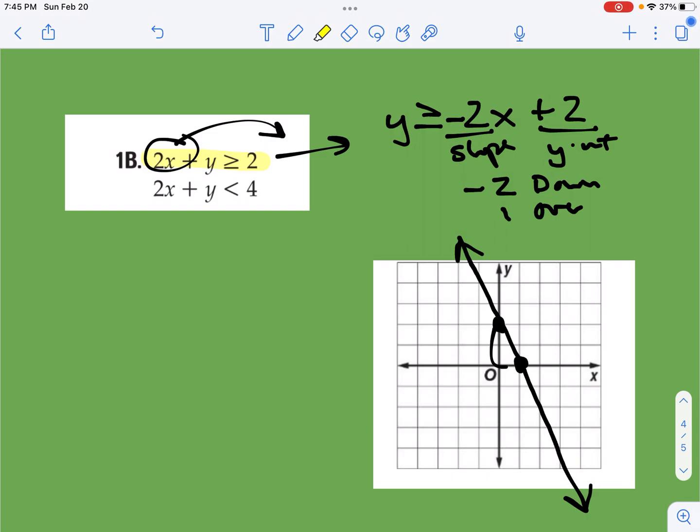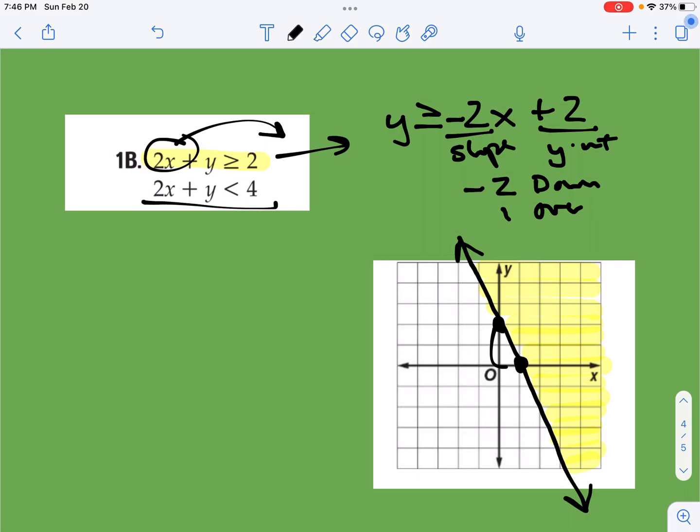That is absolutely false, so we are not going to shade the side that has 0, 0. Instead, we're going to shade the opposite side. If it makes the statement false, you shade the other side. If it makes the statement true, you shade the side that has the point you tested. As you know, I'm lazy and like to use the origin as much as possible.